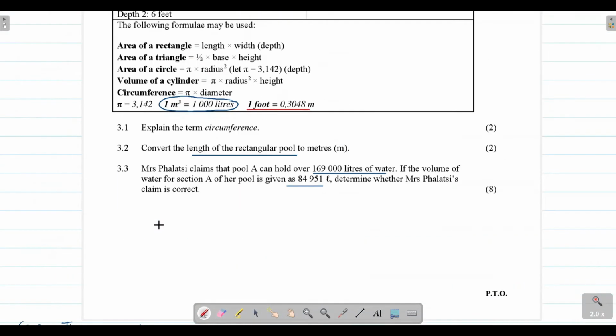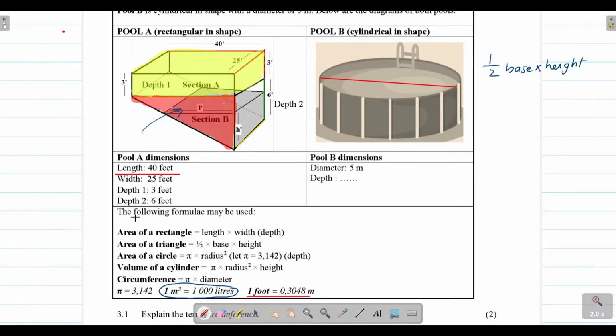So let's establish what is our base, height and width. The base is 40 feet. Our height is 6 feet. And our width is 25 feet.